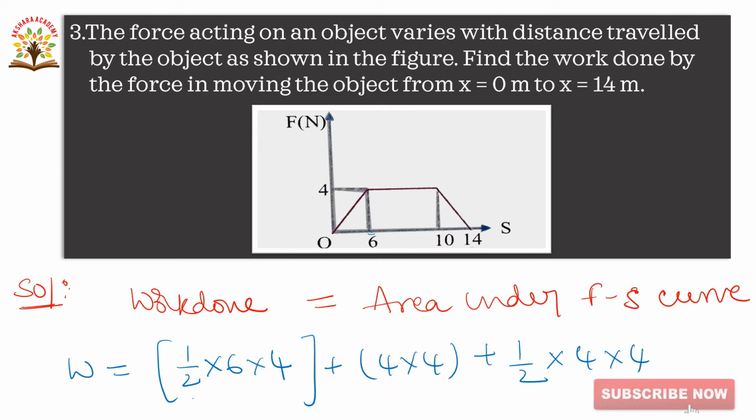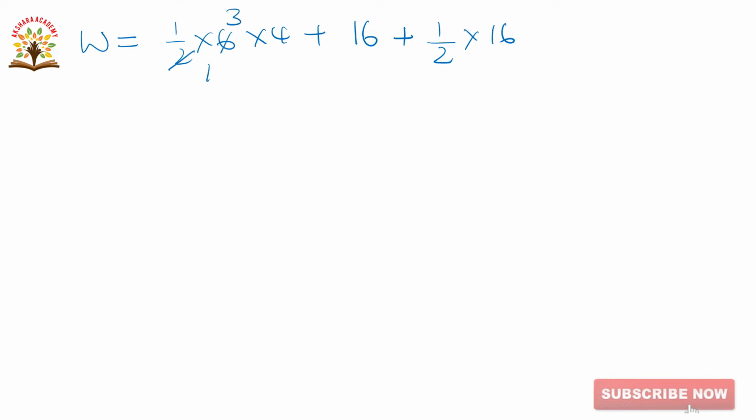Here the triangle formation is half into base into height. Okay, next W equals work done equals half into 6 into 4 plus 4 into 4, that is 16, plus half into 4 into 4, that is 16: 2 threes are 6, 3 fours are 12, plus 16, plus 2 eights are 16, 12 plus 8 is 20, 20 plus 16 is 36 joules.